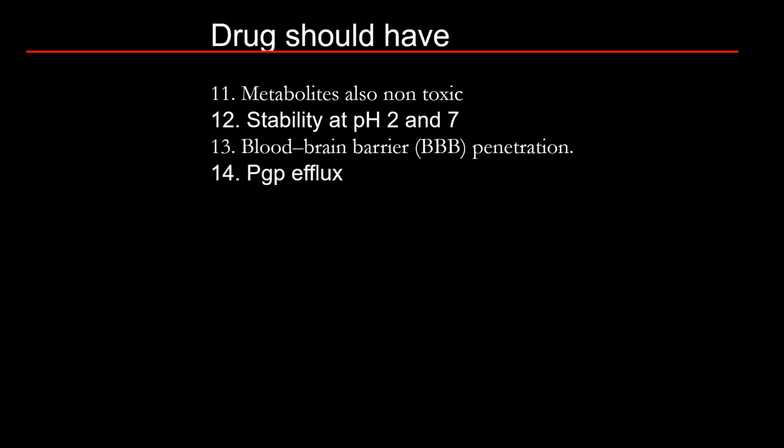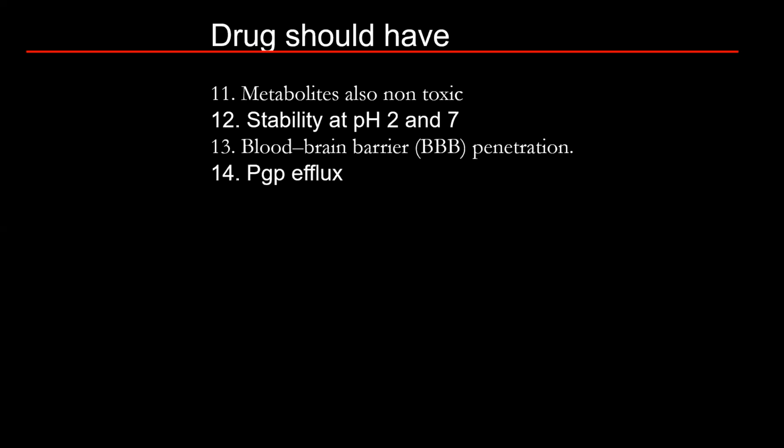Otherwise, the brain will get disturbed in its function. So this blood-brain barrier prevents anything foreign. Your drug should not cross that blood-brain barrier and cause damage or disturb its homeostasis very much. That's called blood-brain barrier penetration.